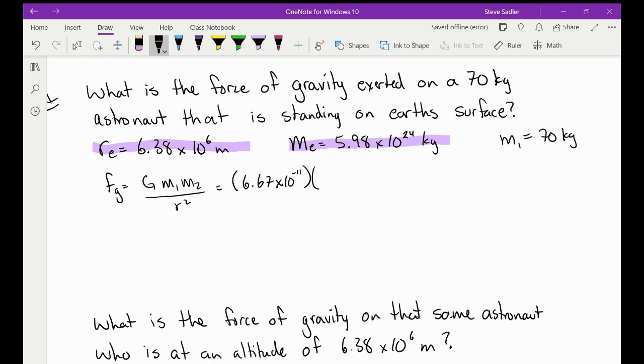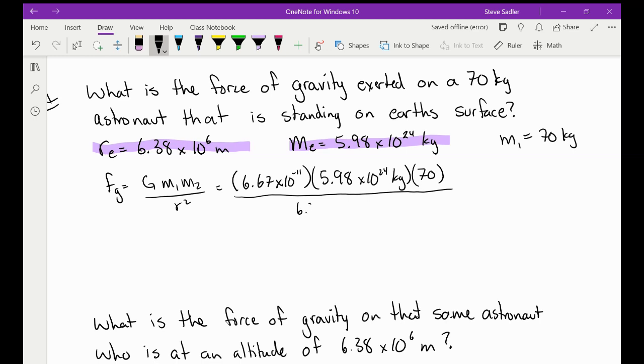M2 can be the mass of the Earth, 5.98 times 10 to the 24 kilograms. And then obviously the mass of the astronaut is 70 kilograms. And then we can divide by r squared.